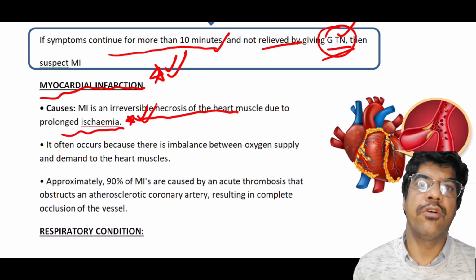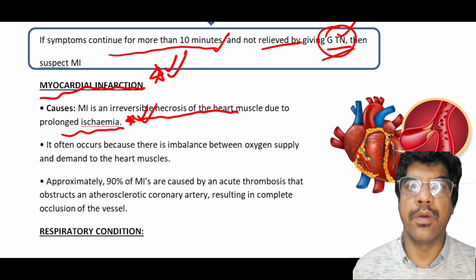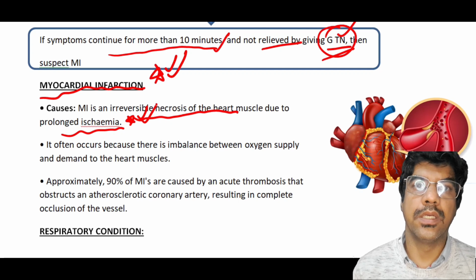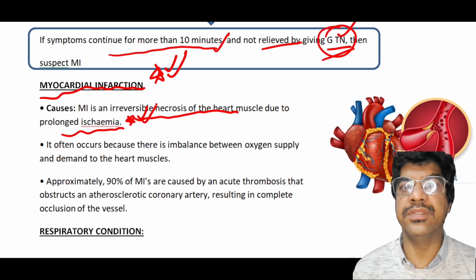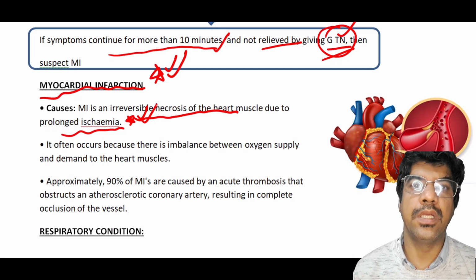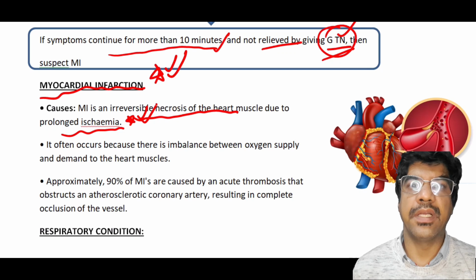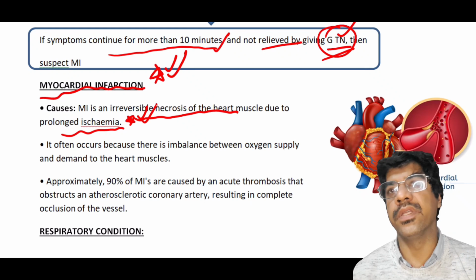Due to the lack of blood flow and oxygen, myocardial infarction can occur. When there is an imbalance between oxygen supply and demand to the heart muscle, and this imbalance is severe and sustained, that can lead to damage or death of the heart.